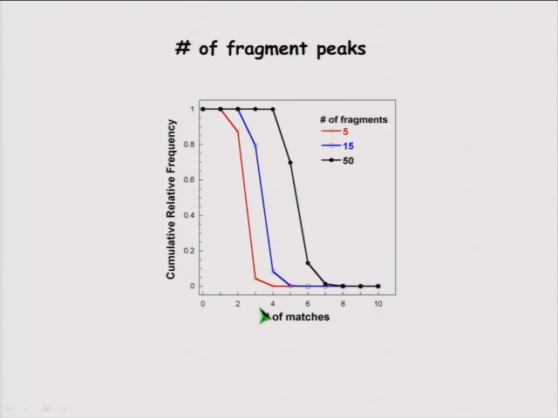This is the cumulative relative frequency, and these three different distributions represent spectra containing 5 fragments, 15 fragments, and 50 fragments. So we see that these definitely yield different score distributions for false results.